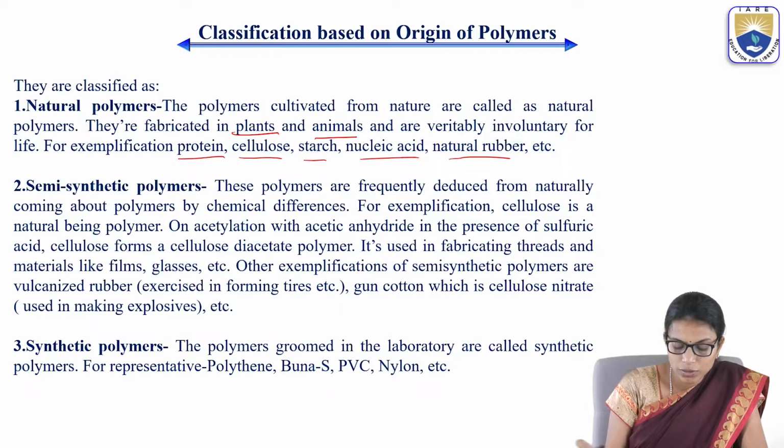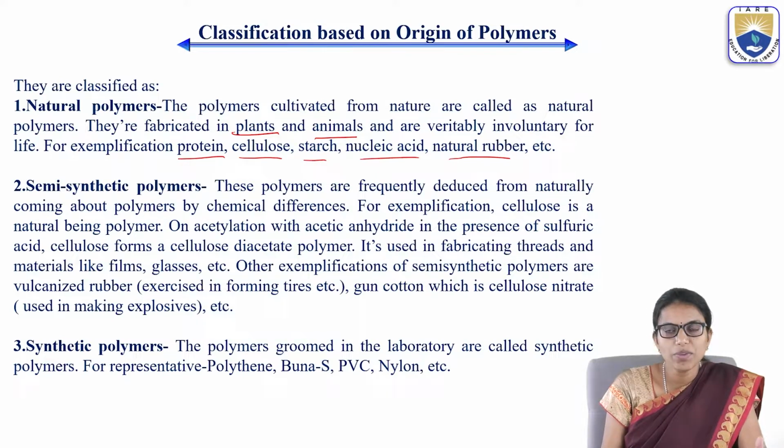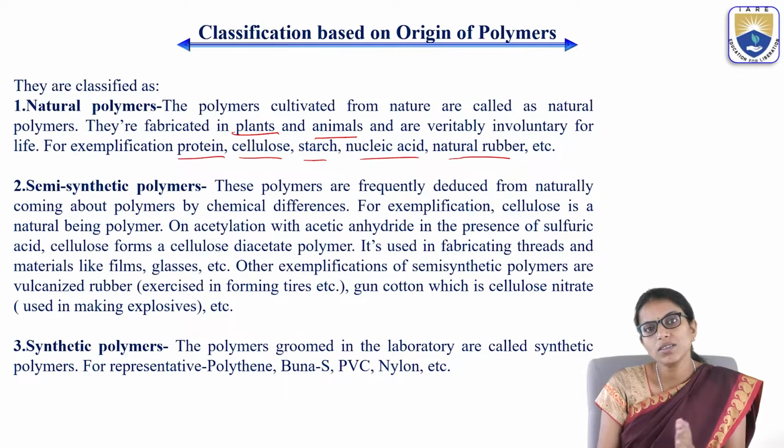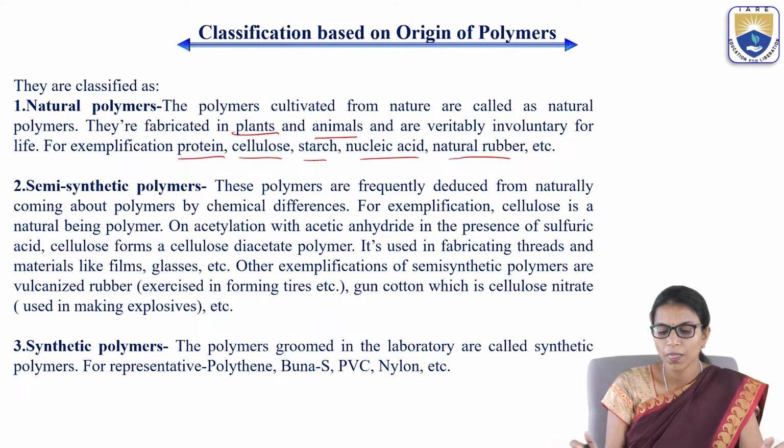Coming to the definition, these polymers are frequently derived from naturally occurring polymers by chemical modifications. As I have said, if I change something in a natural polymer, it will come under semi-synthetic polymer.